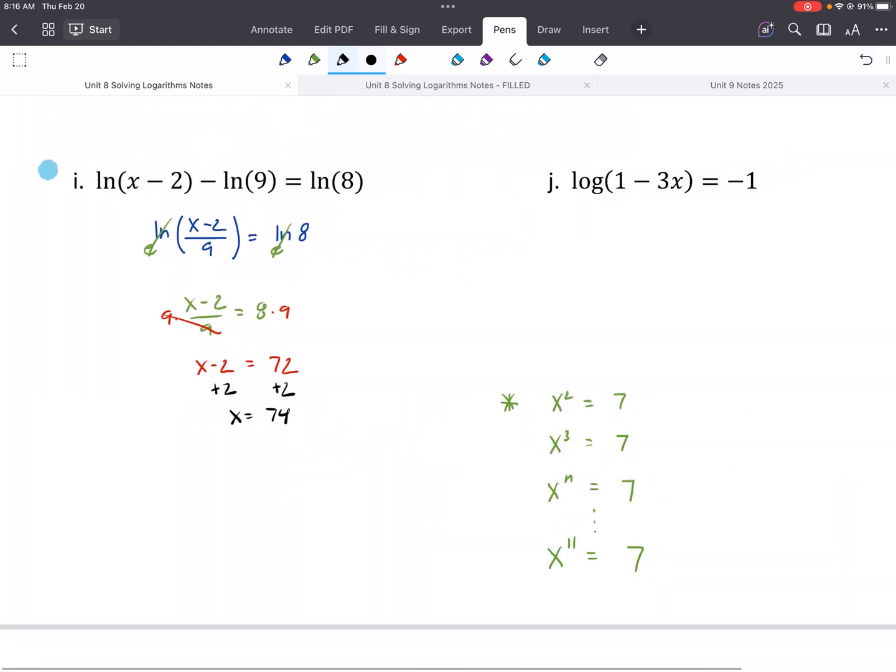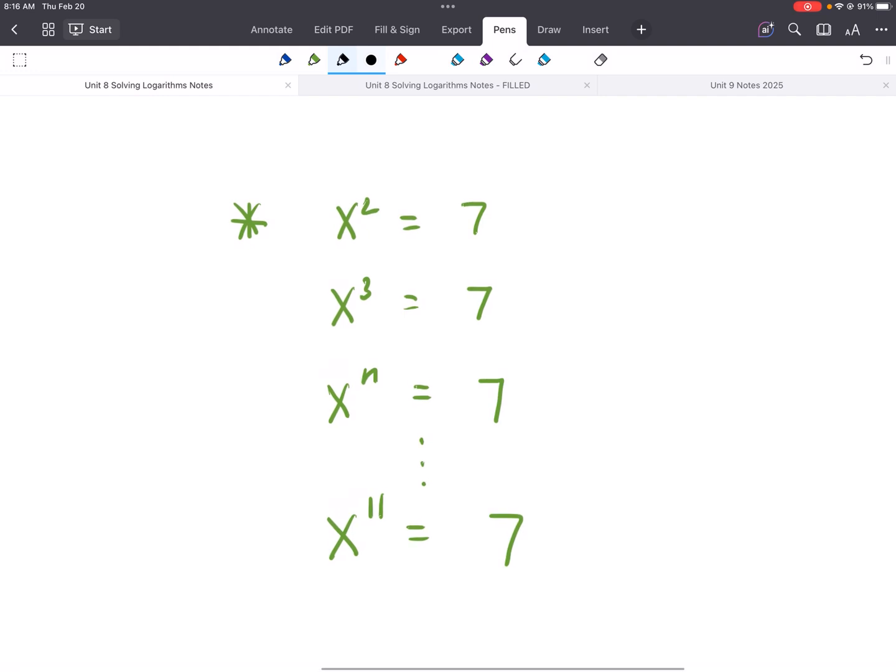All right, last thing, you're going to see something similar to this when you get near the end of one of your problems. Just a reminder, when we have x squared, how do we get rid of an x squared? Well, we square root. But what if it's a cube, like x to the third? Well, then we do a cube root on both sides. Sorry, I should probably be doing those on both sides.